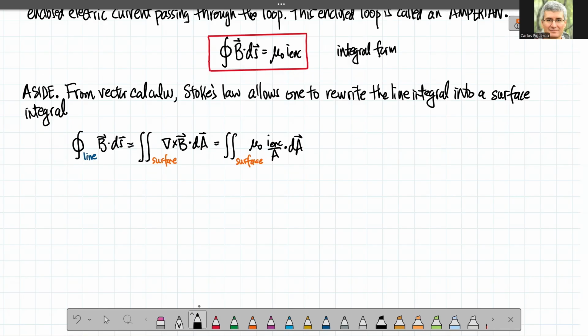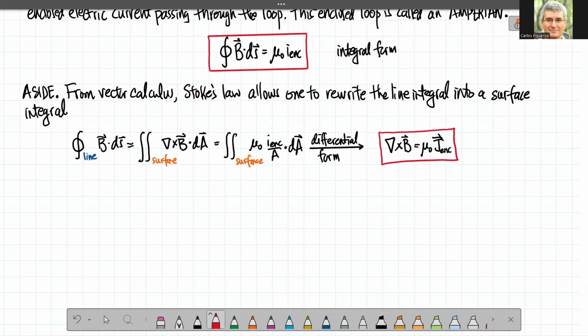And so when I'm looking at this, then this leads to the differential form where the cross product of the magnetic field with del is equal to the current density. So this is another way of stating Ampere's law.